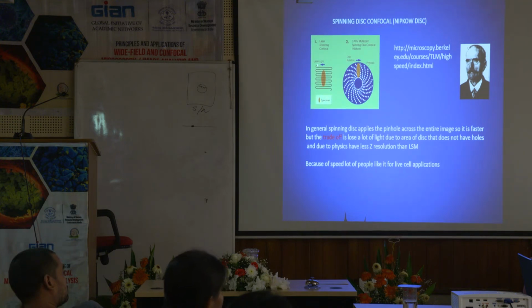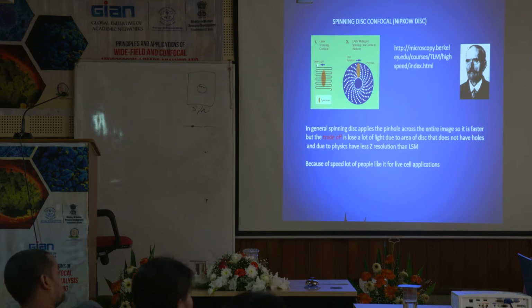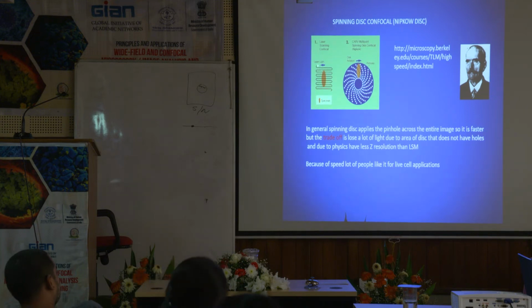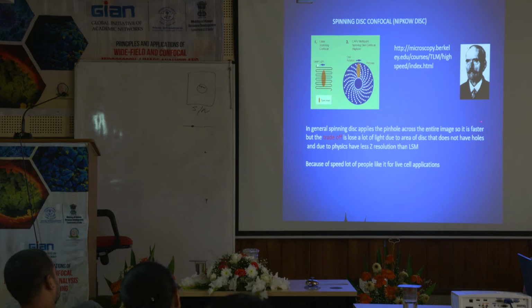You used to use the spinning disc once in a while? Okay. So in Srijit's old department, dermatology, they had one of these, a spinning disc. Different idea. As opposed to having just one tiny pinhole, this has a disc, okay, with a bunch of pinholes. The advantage here is the spinning disc applies the pinhole across the entire image so it's faster.